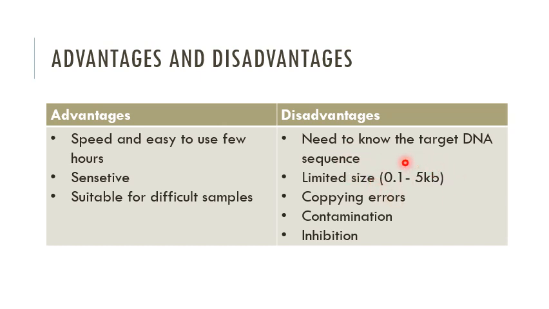The size for the process is limited, a maximum of 5 kilobases. After 5 kilobases, you don't have any product. Sometimes you will have copying errors because of mispriming, for example, because of non-optimized components of the PCR. And as we said, because it's sensitive, you will have contamination and inhibition.